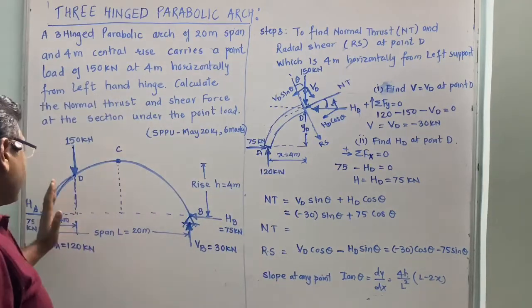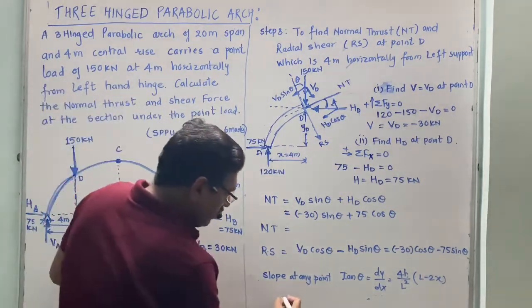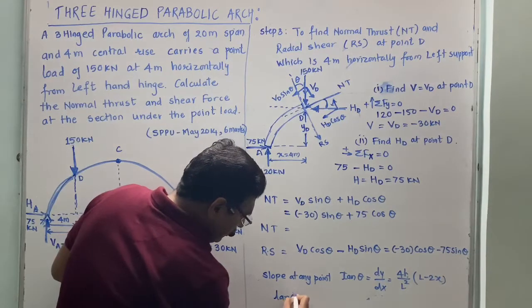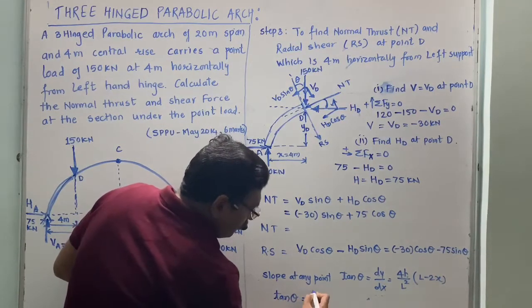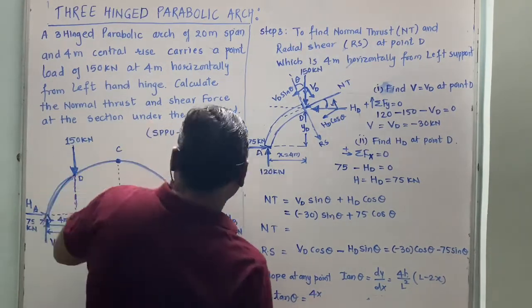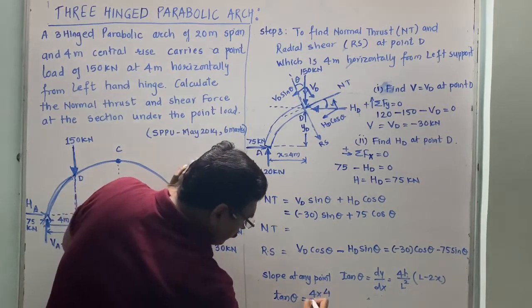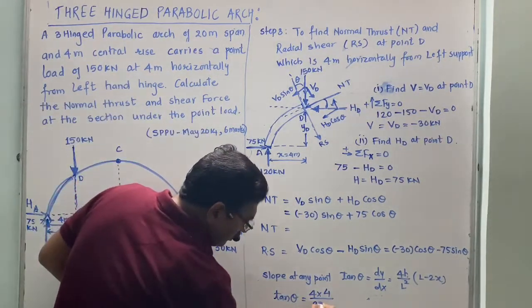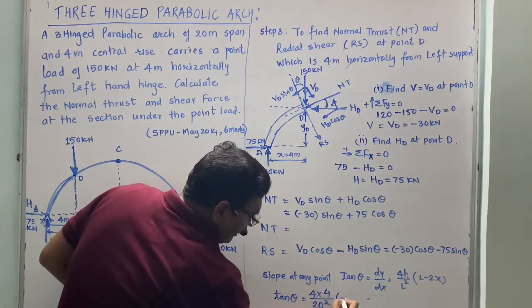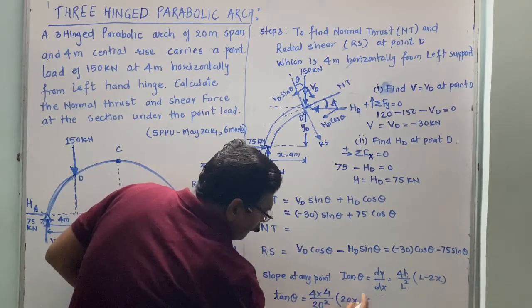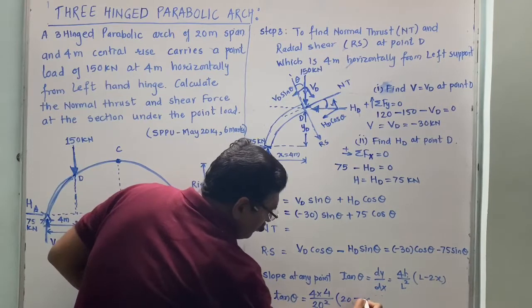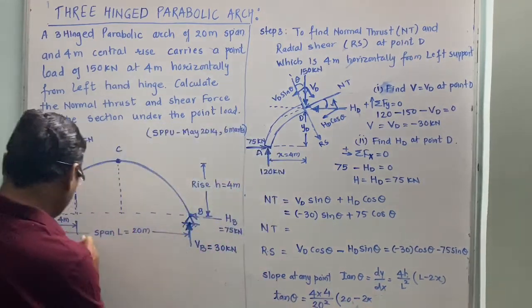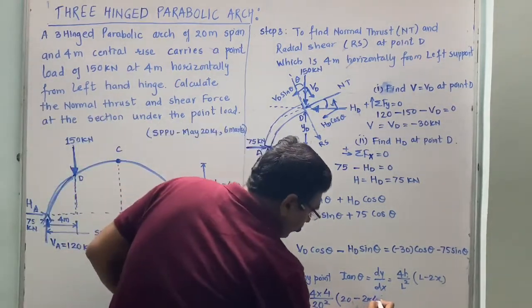We have to calculate theta at a distance of 4 meter. So tan theta is equal to 4 into rise, which is 4 meter, over 20 square, where the length is 20 meter, into 20 minus 2 into x, which is 4.